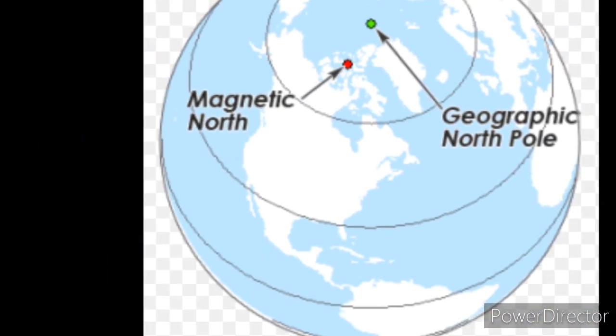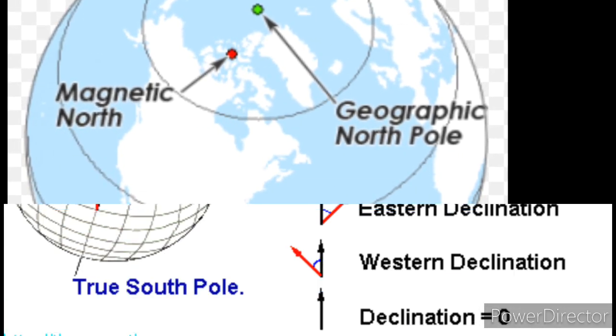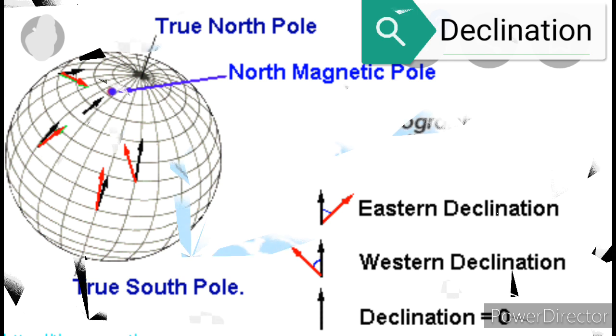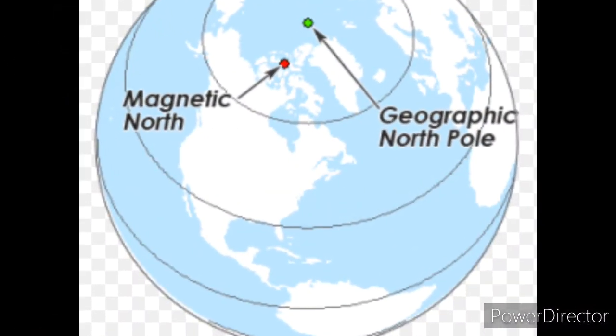This difference between the true north and the north heading on a compass is an angle called declination. Declination varies from place to place because the Earth's magnetic field is not uniform. It dips and undulates. These local disturbances in the field can cause a compass needle to point away from both the geographic North Pole and the magnetic North Pole.